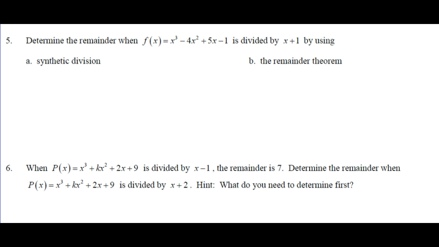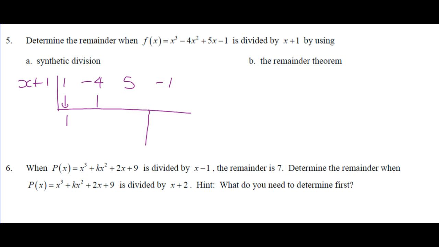Determine the remainder when f of x equals x cubed minus 4x squared plus 5x minus 1 is divided by x plus 1 by using synthetic division. Okay, more practice. So x plus 1. Got all my numbers: 1 for x cubed, negative 4 for x squared, 5 for x, and minus 1. If you like, you could throw a little line in there because the remainder will be to the right of that line. Synthetic division: bring down the first number, multiply, subtract, multiply, subtract.